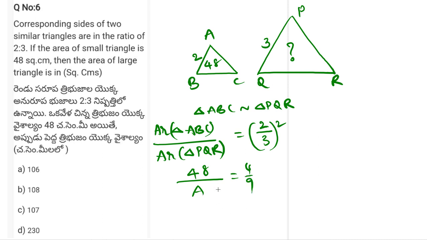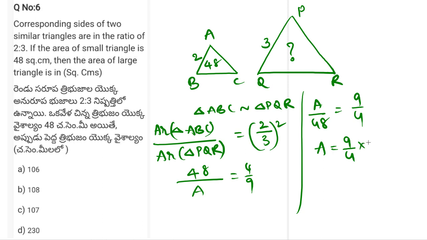We need to find the value of A. So cross multiply, or you can write A by 48 equal to 9 by 4. So A equals 9 by 4 into 48. 4 times 1, and 4 times 2. 9 into 12 is equal to 108. So option B is correct in this case.